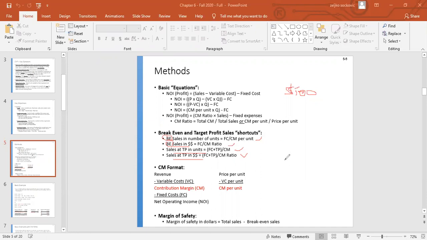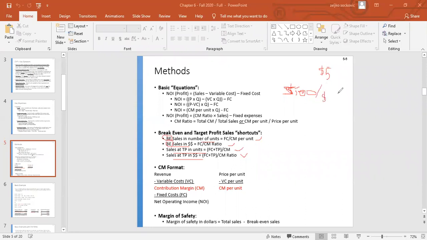Right. But I thought you were asking the difference between dollars and number of units. Well, it's just expressed in number of units. So if you have $500 in break-even sales or target profit sales, it doesn't matter, either one. This is expressed in dollars, right? Now, if each one of your units you're selling for $5, how many units do you have to sell? 100. That's it.